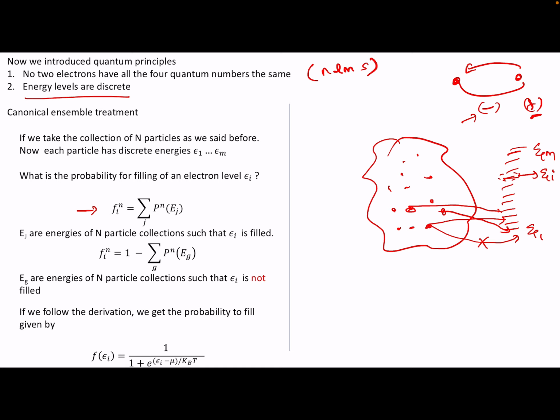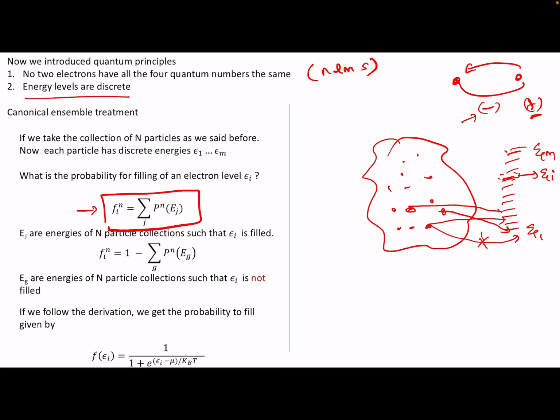Basically, if there are m ways of distributing these n electrons in these energy levels such that Ei is occupied, the probability that the level is occupied is a summation of all such probabilities. You have to think about this statement a little more deeply to understand it.